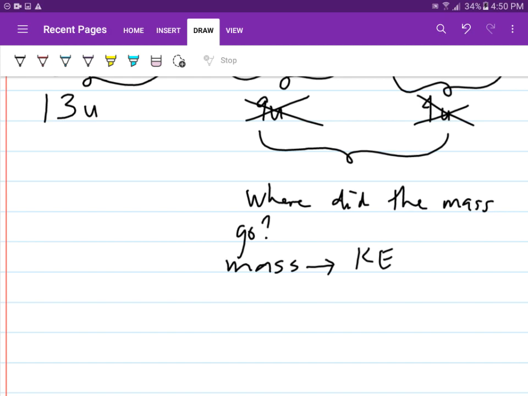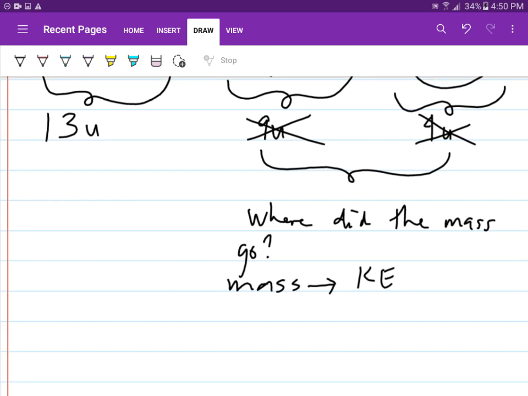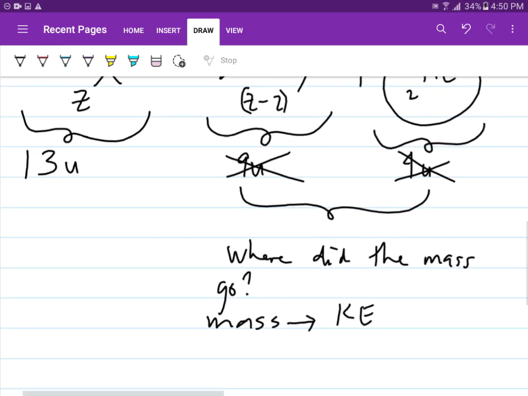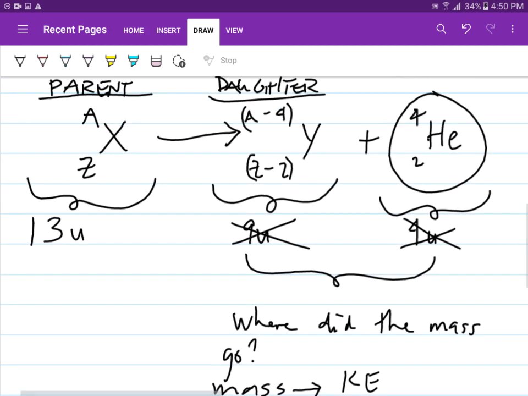The velocity of the particle is due to the mass defect when the parent nuclei released the alpha particle.